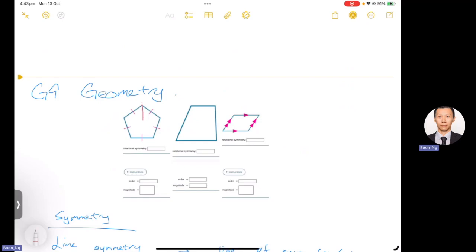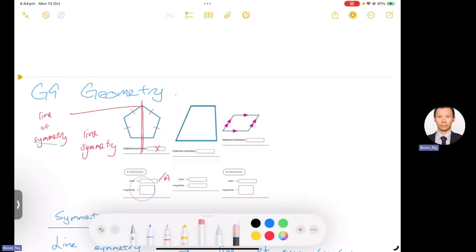The answer is no, because we can just draw a line here, and so it is a line symmetry. And the line of symmetry is this one. So order is not applicable, and magnitude is not applicable as well.